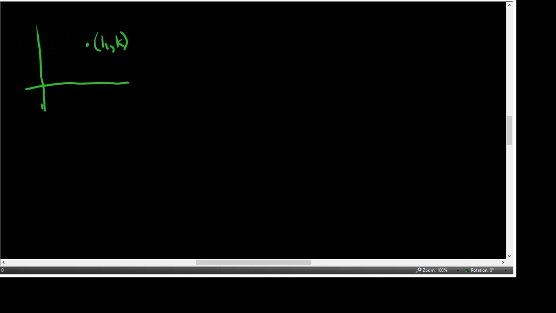So if I draw the set of points that are equidistant from that fixed point, which by the way is called the center of the circle, this set of points creates the circle. And if we generically call any point on that circle (x, y), the thing that makes this a circle is that the distance from the center (h, k) to any point on the circle is always the same. And we call that distance r for the radius.